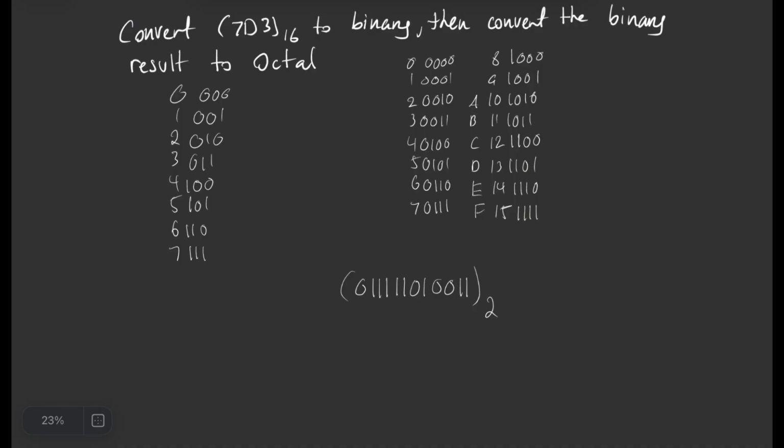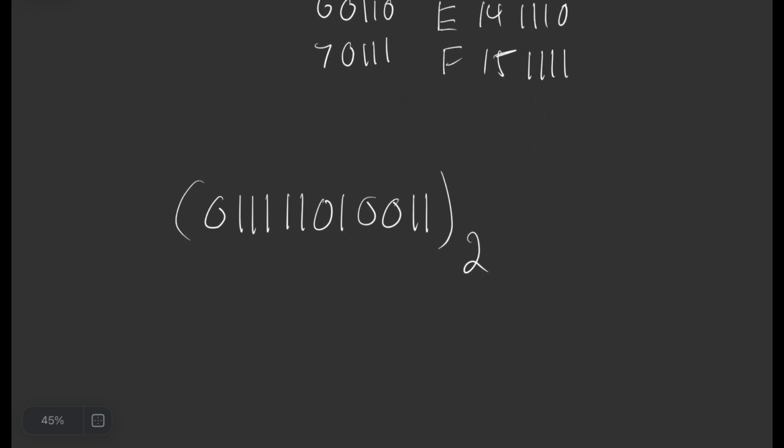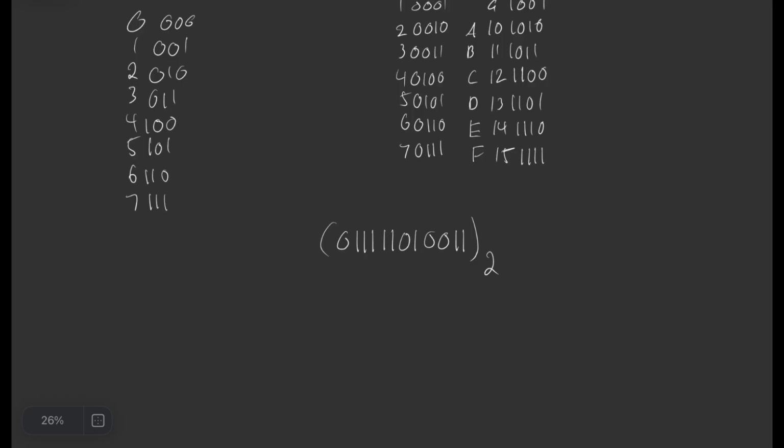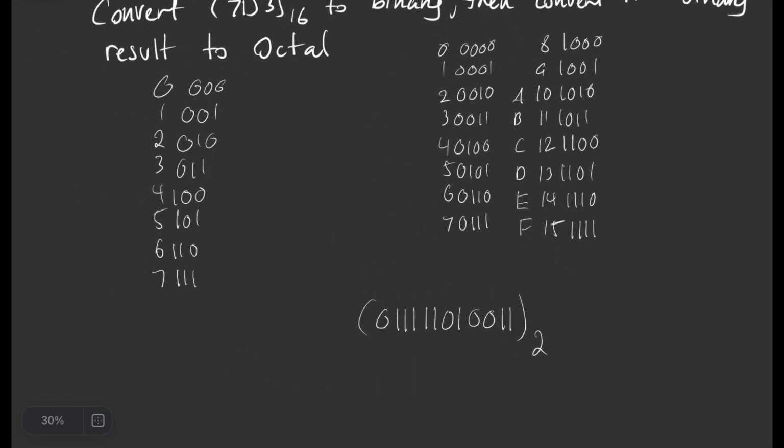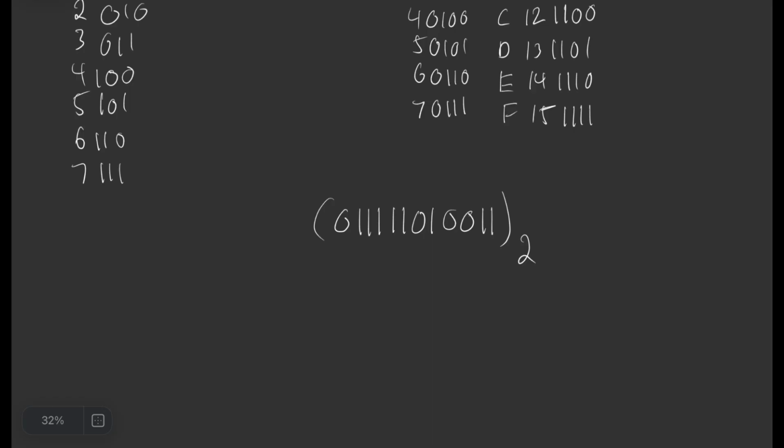Okay, so this is our hexadecimal to binary. Now to convert our binary result to octal, we're essentially just going to start from the radix point, because technically this number has a bunch of zeros behind it. From the radix point, we're gonna group in groups of 3, and then we're just gonna look at our table here or here and write the corresponding number to the group.